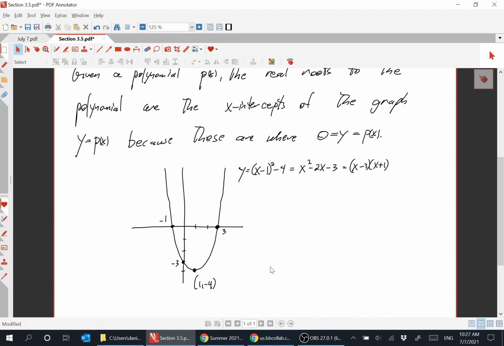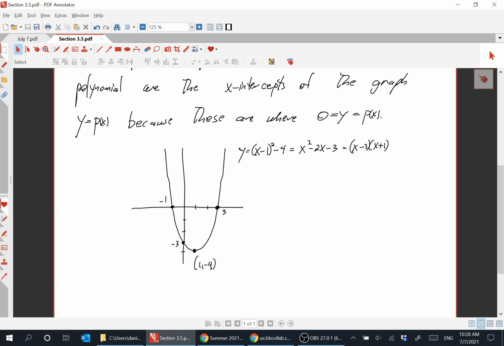All right, so the x-intercepts are at negative 1 and 3, because that's where this quantity is equal to 0. That's where the x-intercepts are, and that's where the real roots of the polynomial are. So the graph is reflecting something important about the polynomial.